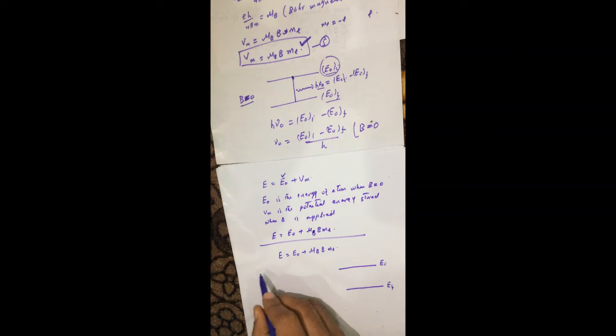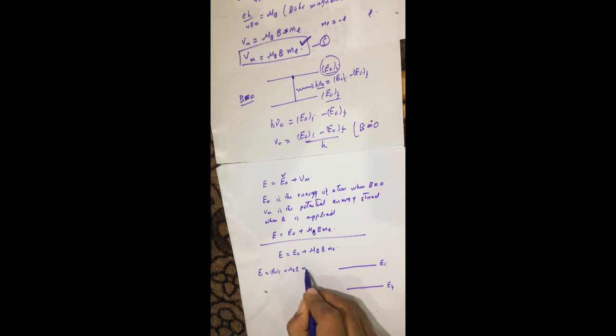Where EI is equal to E naught I plus mu B, the Bohr magneton, which is a constant, times the magnetic field B, and then we have MLI.